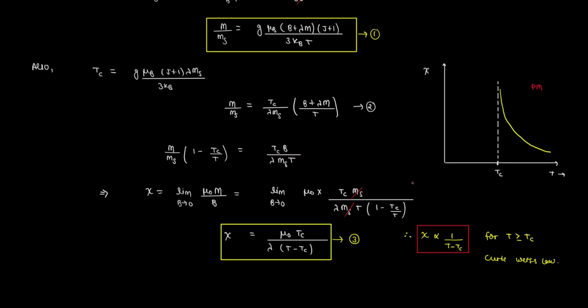But you may ask, what is the susceptibility value in the ferromagnetic region? And why did we choose only the temperature range greater than the Curie temperature, not less than it? The answer is that below the Curie temperature, the susceptibility is very high, and it is not well described by the Curie-Weiss law. This is because ferromagnetic materials exhibit spontaneous magnetization, and the magnetic domains are aligned even without an external field.